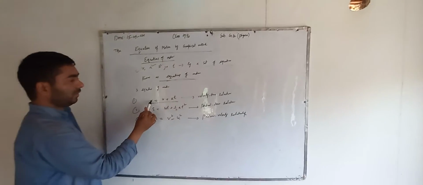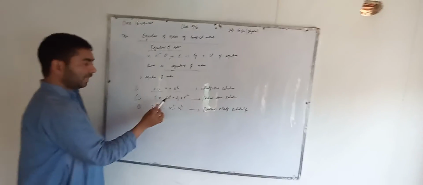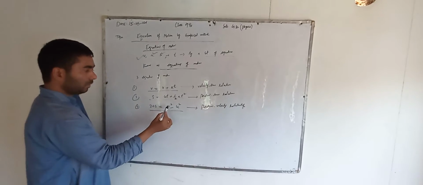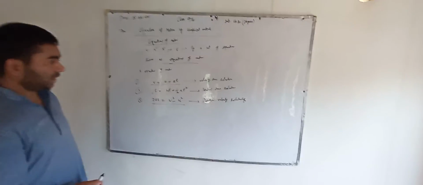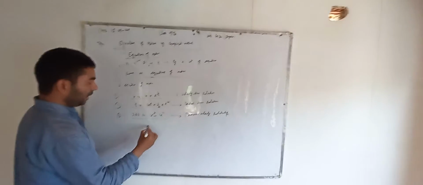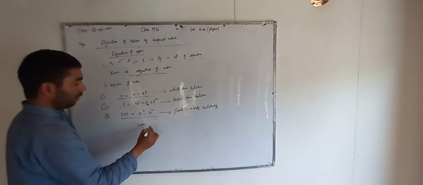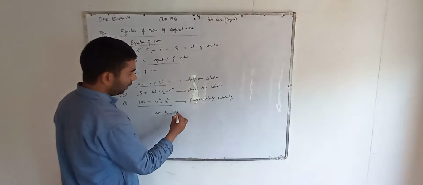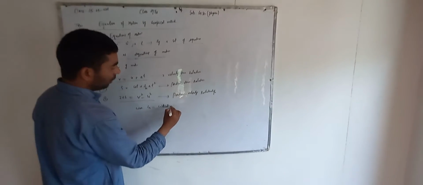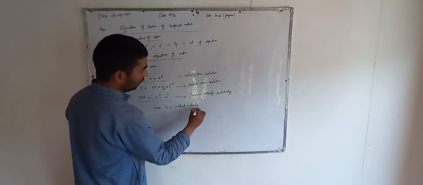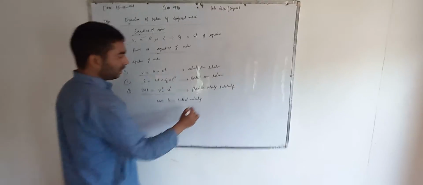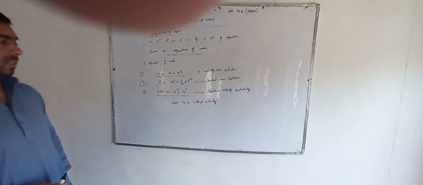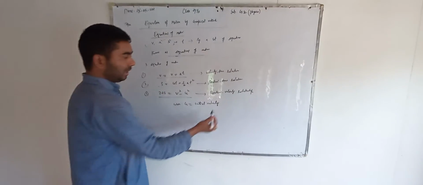Okay students, so these are the three equations. Number first equation is v is equal to u plus at, number second s is equal to ut plus 1/2 at square, and third one is 2as is equal to v square minus u square. यहाँ पर लिखेंगे हम, where u is the initial velocity of the object with uniform acceleration in a time interval t.